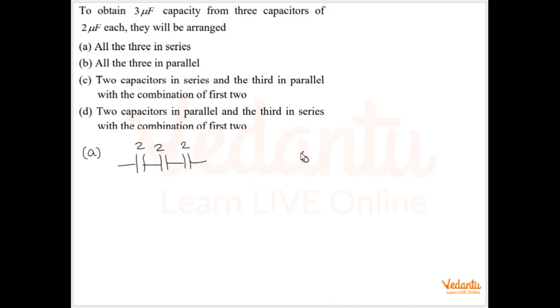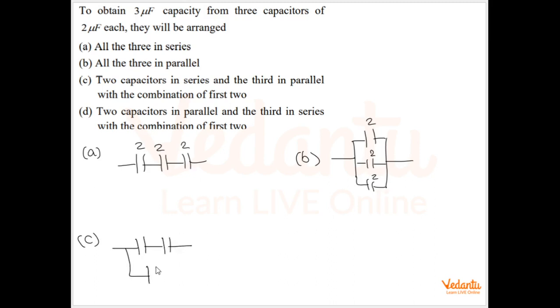Option B gives us a circuit like this. Option C gives us a circuit like this. This is, by the way, also 2, 2, 2. And you can also similarly make the circuit for option D.